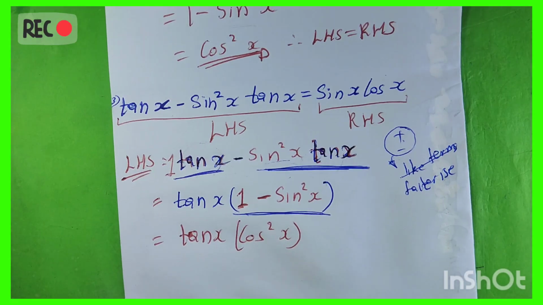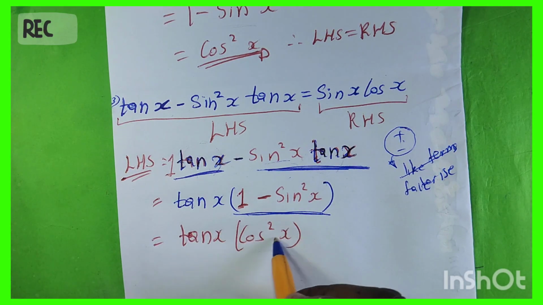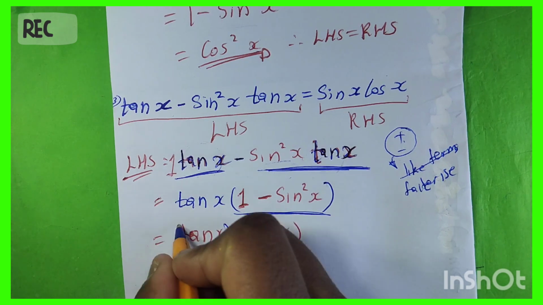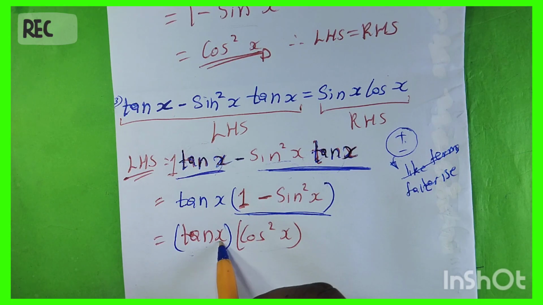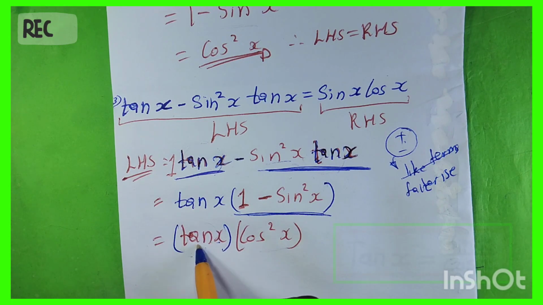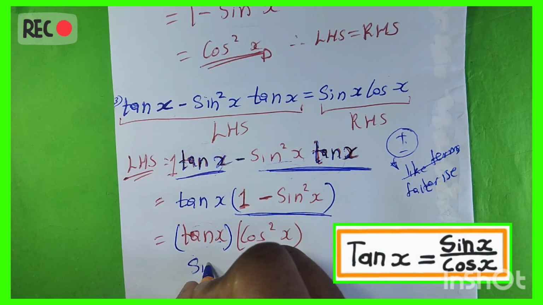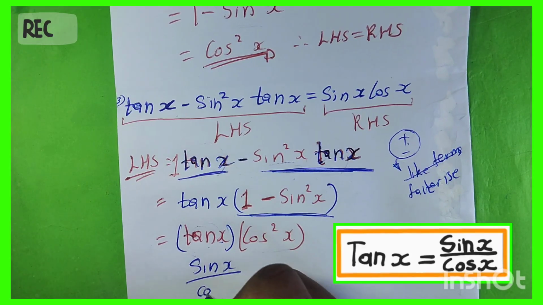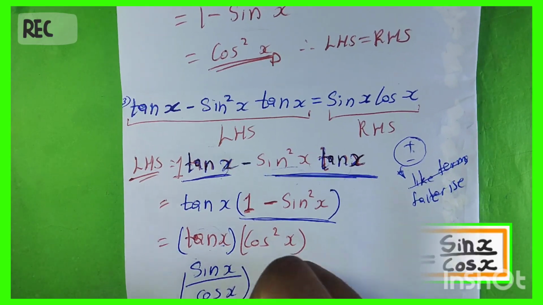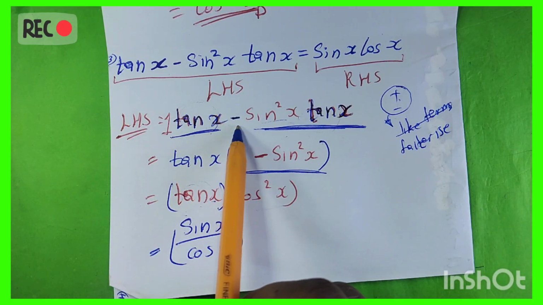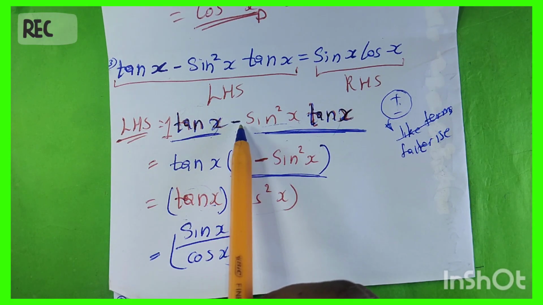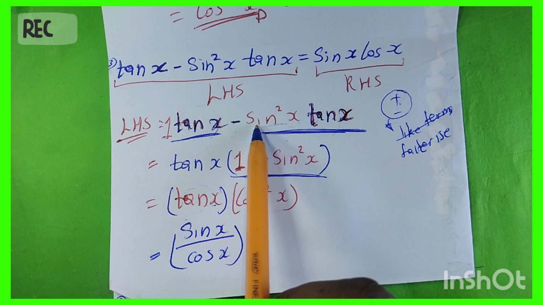And please guys, because this has its own brackets, let's put the brackets for tan. And that's where I can now change that tan to become sine over cos here. So here I didn't change that tan because I was afraid of working with fractions.